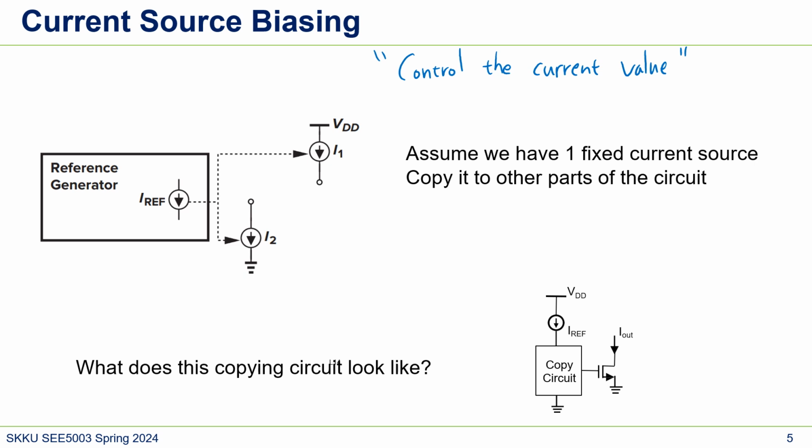So what we do is we have a reference generator. This is like a golden reference, a very accurate reference. Let's just assume that we have this.